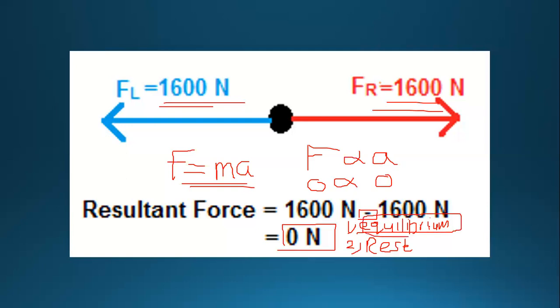Equilibrium state does not mean that the object is not moving or is at rest. No, it doesn't mean that the object would always be in a rest position. It can be moving, but it would be moving at a constant velocity, at a constant speed. All the external forces acting on it would be equal and would cancel out with each other, but the object would still be moving.